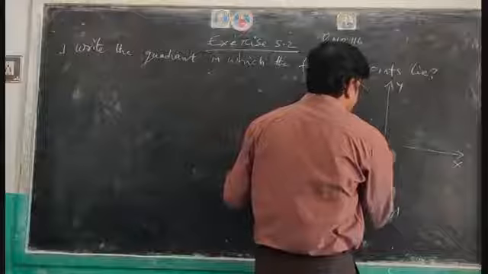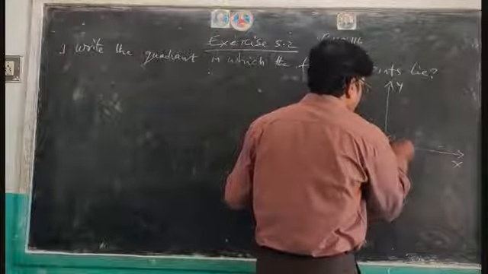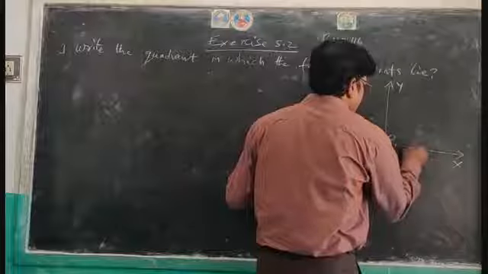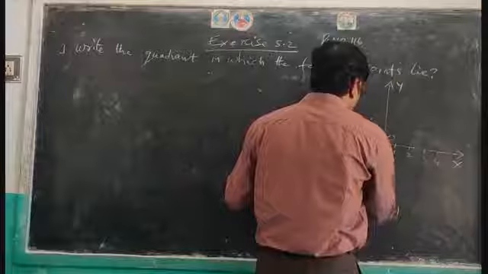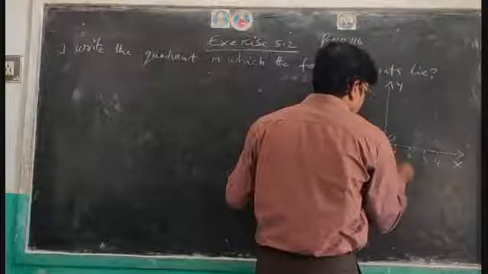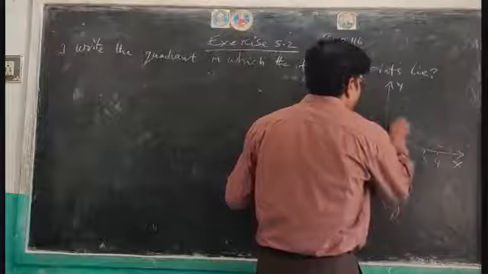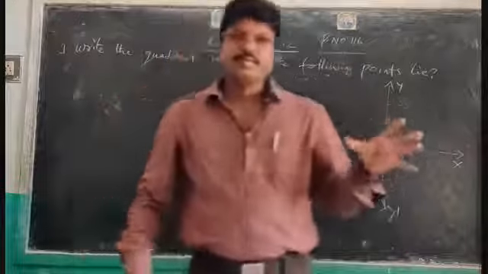Origin O (0, 0). Here 1, 2, 3, 4 are positive values and here negative values, and here positive values. This is the whole diagram.